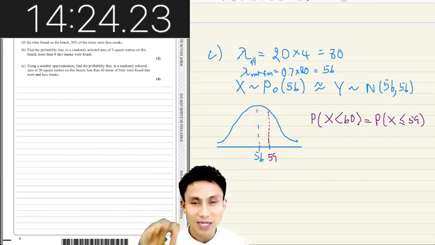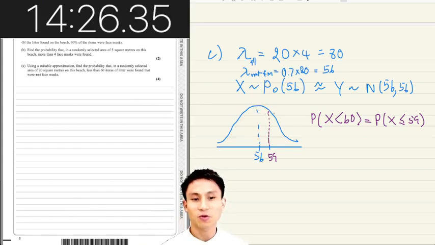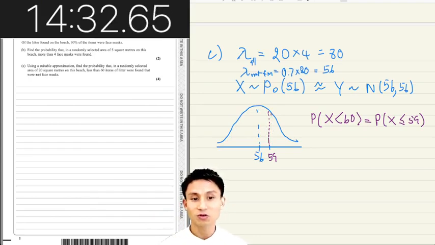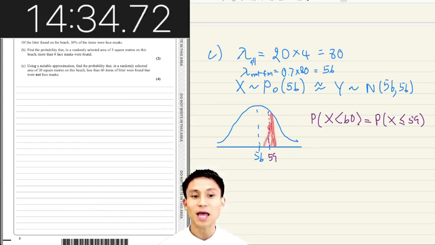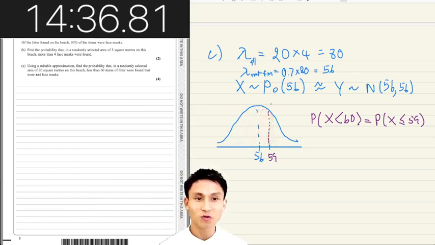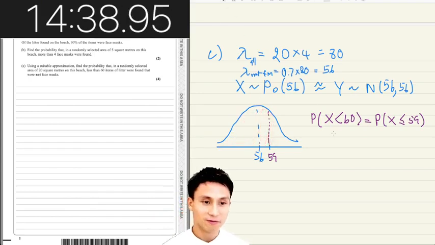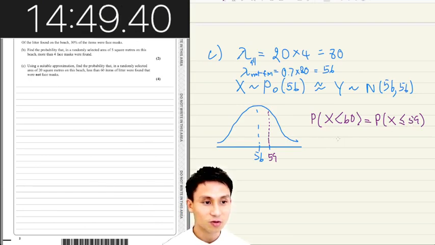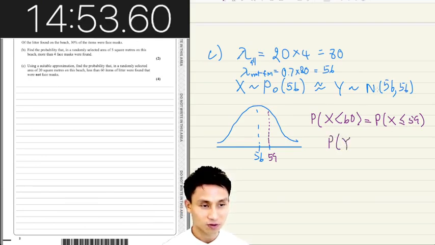The technique, just to come up with how you deal with the continuity correction, do you add 0.5 or minus 0.5? So the result should be such that you get a little more area. So you got to move it to the right a bit by 0.5. That means instead of doing a 59 there for the Poisson, you're going to have to do P of Y here, because Y stands for the normal distribution.